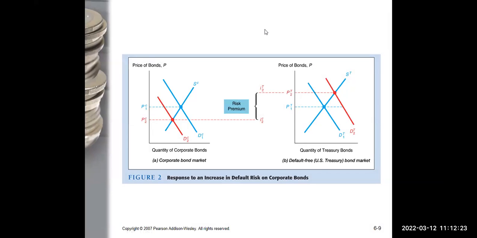What do you observe? If you look at these two graphs, if the risk on the corporate bonds increases, what happens to the demand for the corporate bond?